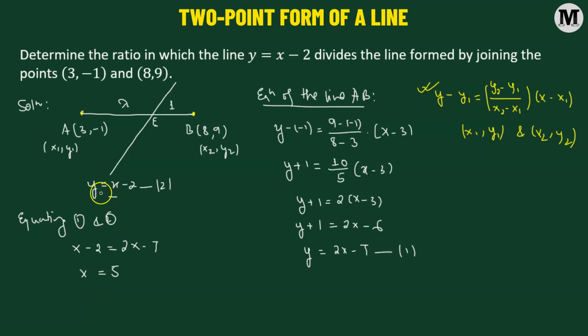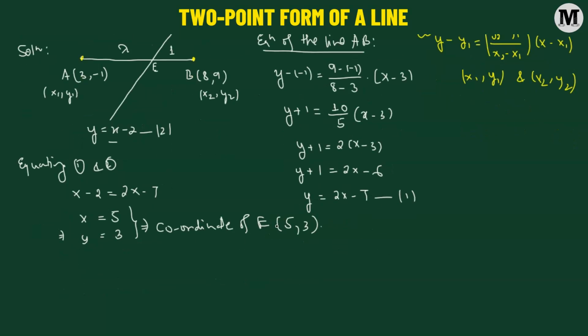Now that we have x, we can use either equation to find y, so y equals 5 minus 2, which equals 3. So this is the coordinate of our point E. The coordinate of point E comes out to be (5, 3).